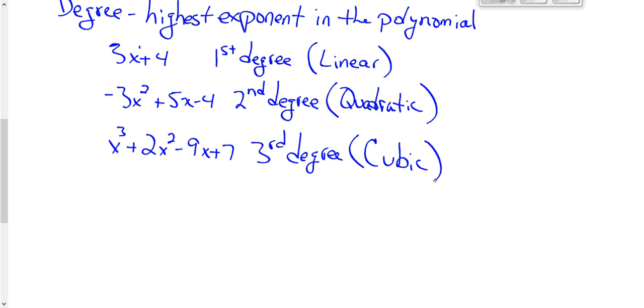Length times width, and it's in square inches. So 4 sides, quadratic. What about a solid? Length times width times height. Volume. Volume is in cubic feet, right? Cubic.